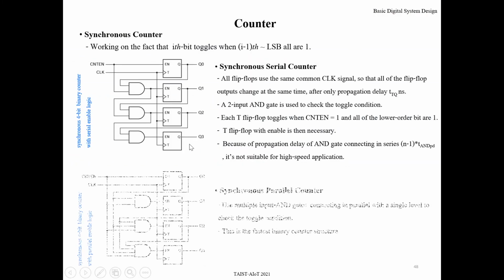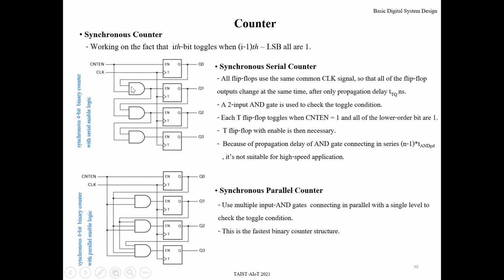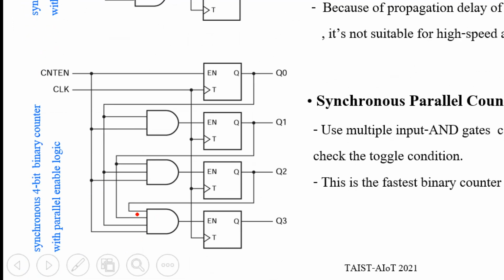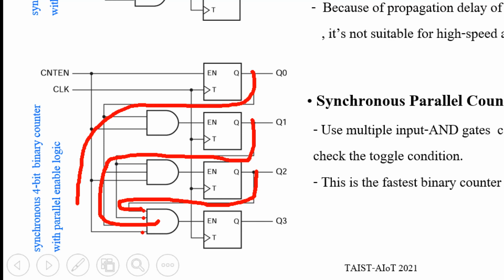Okay, this one or this one. Okay, the difference between this and this is, for this one, we use a 4-input AND gate to AND Q2, Q1, Q0, and counter enable directly.